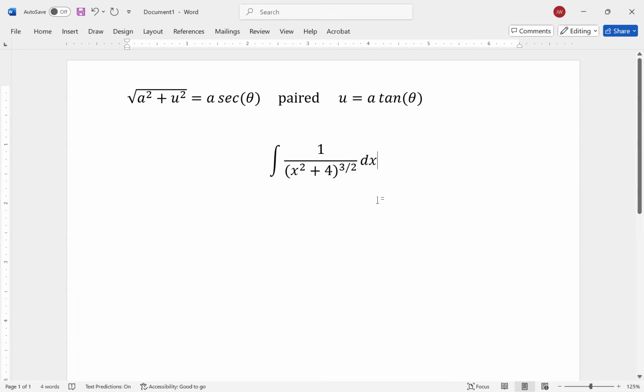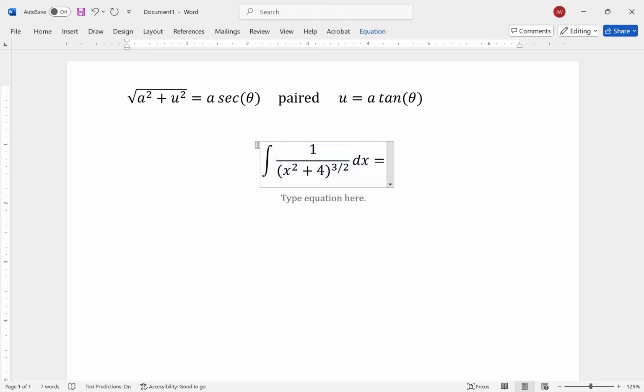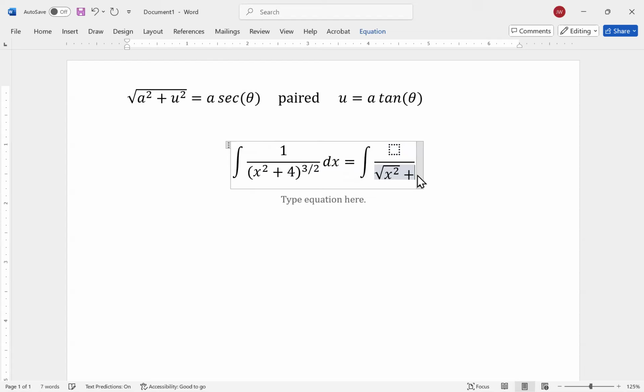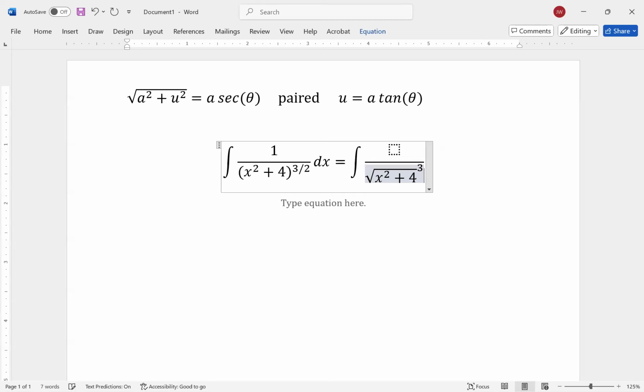All right, so here we go. I have x squared plus 4 to the 3/2 power underneath. If I rewrite that, basically what I get is the square root of x squared plus 4 all raised to the 3rd power.